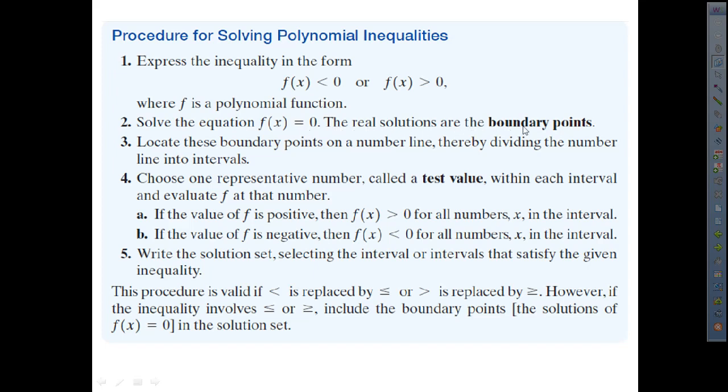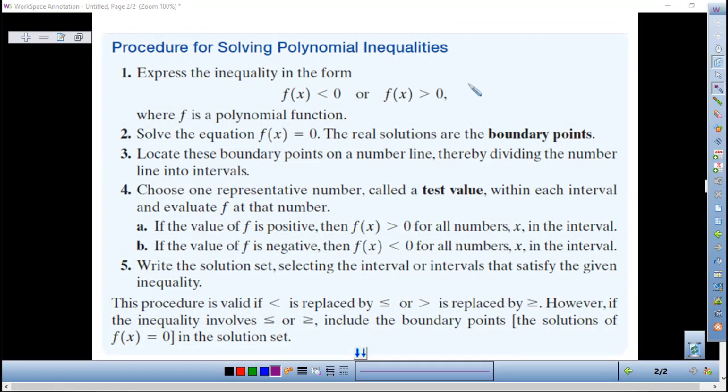Those are going to be the boundary points, the real solutions only. If you have imaginary solutions, then it's not something we can deal with, because these boundary points get located on a number line. They are the ones that split the entire number line into parts.